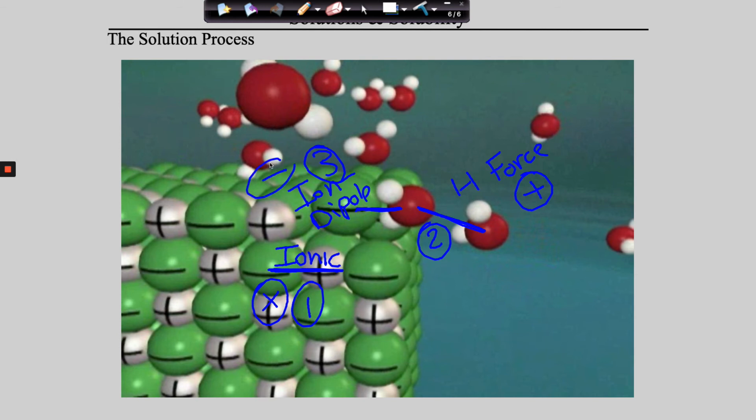That would be negative. So guys, this then is the answer to why does salt dissolve in water? And the answer is because these ion dipole forces are so stinking strong that the energy that's released when they form is greater than the energy that has to go in to dissociate the ionic bonds and the hydrogen forces.